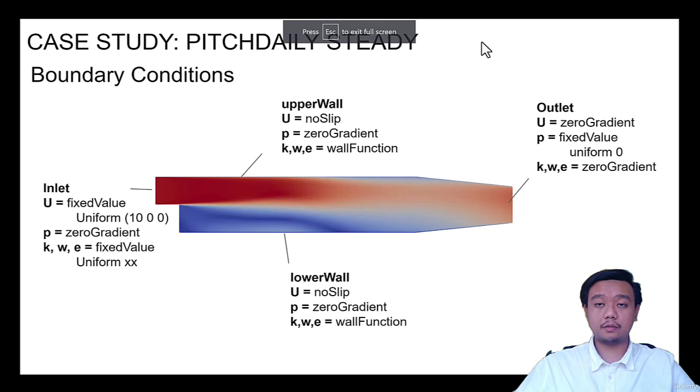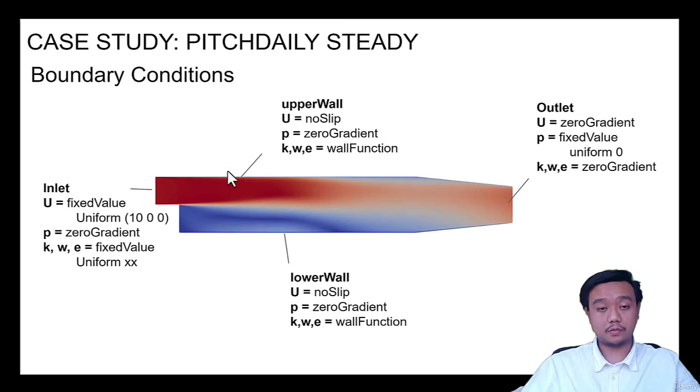For internal flow, we have to have the inlet, outlet, and also the walls surrounding the system. So it's called internal flow, as its name suggests.